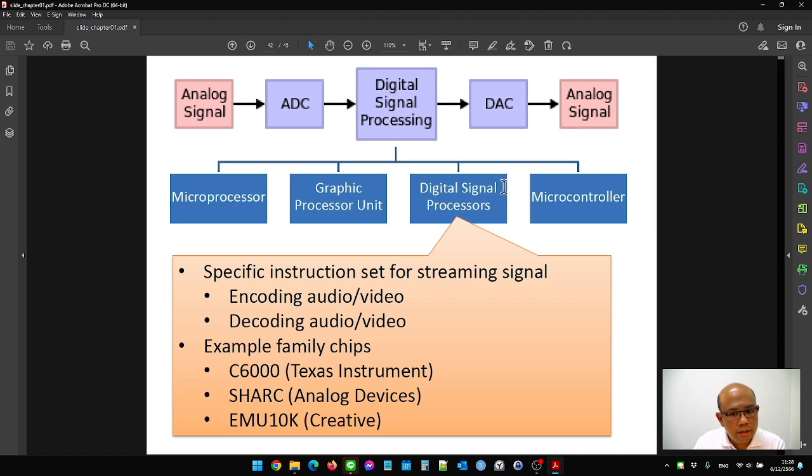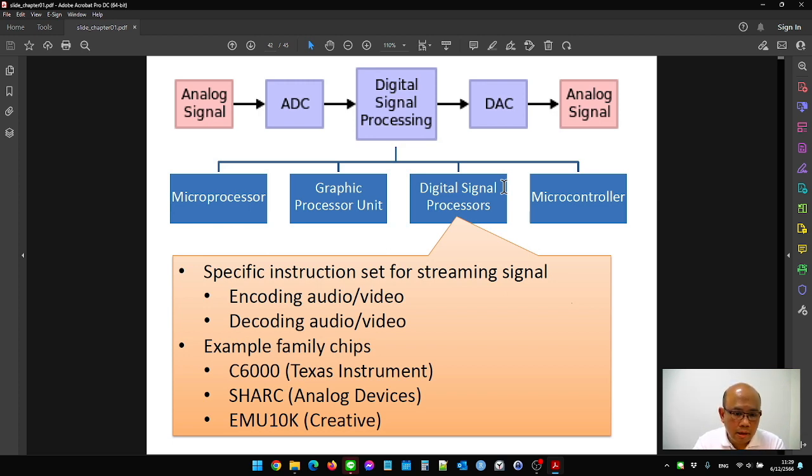You will find the digital signal processor in a lot of devices, for example Bluetooth headsets, pianos, drums and electronic music generators. Music synthesis is related to the digital signal processor chip.